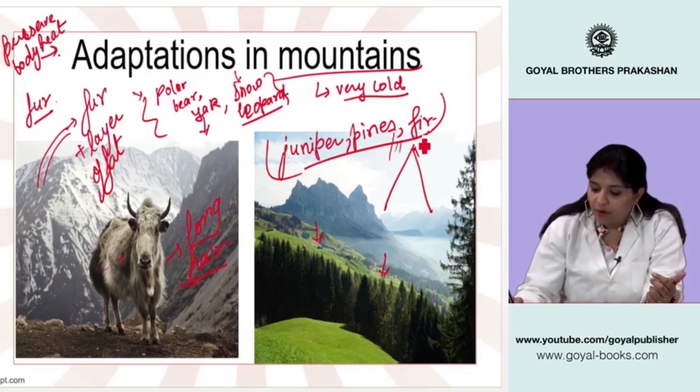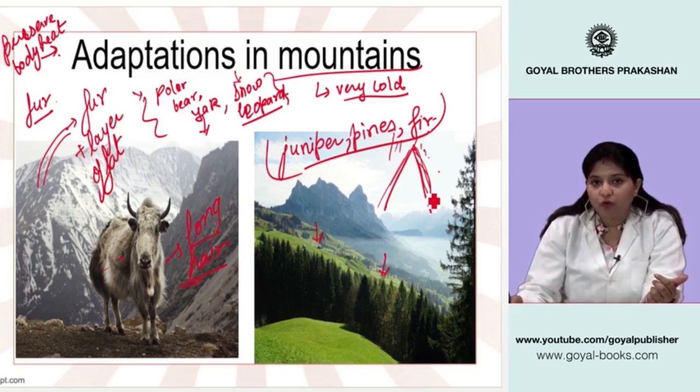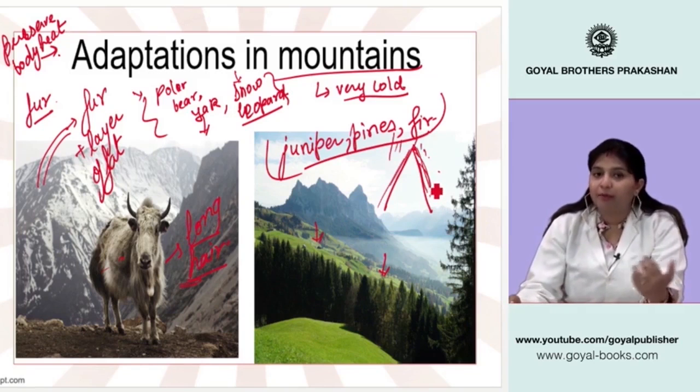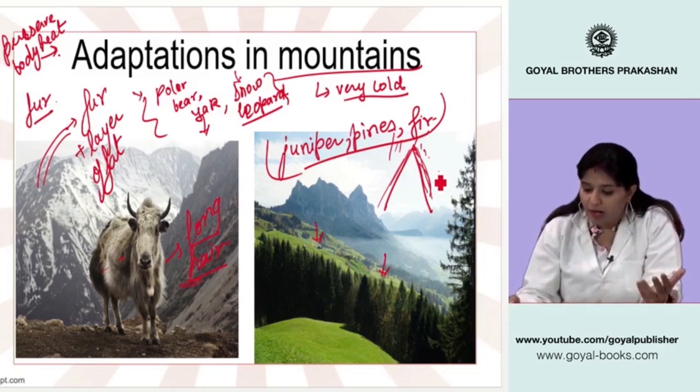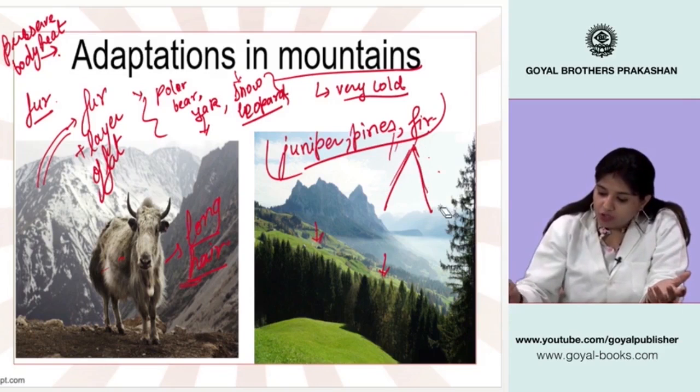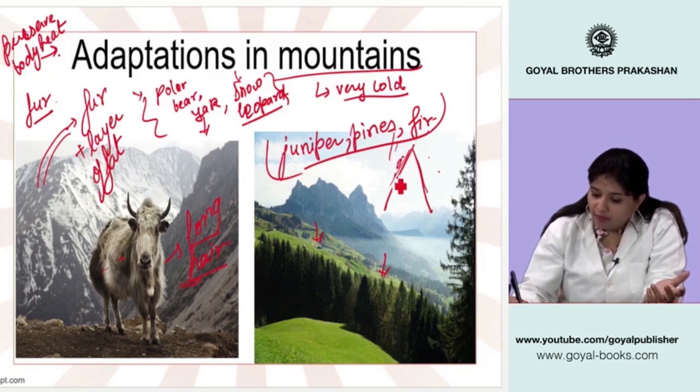So we know that on the mountains there is snowfall. If the plant is completely covered with snow, what will happen? It will not be able to do photosynthesis. This plant will not get enough sunlight for photosynthesis. But because of their cone shape, what happens when the ice falls on them? It will slide off onto the ground.